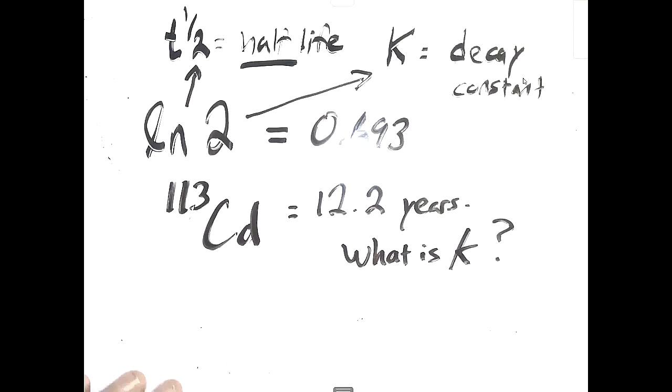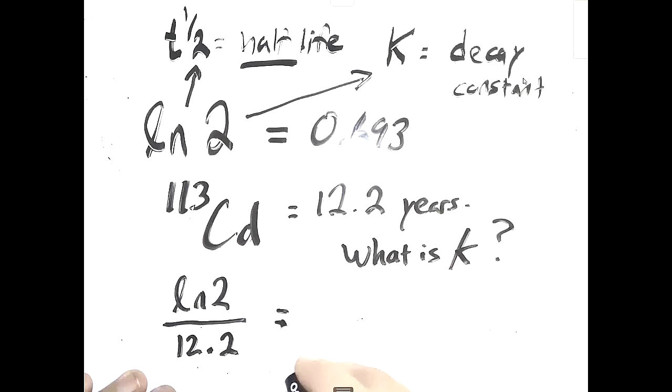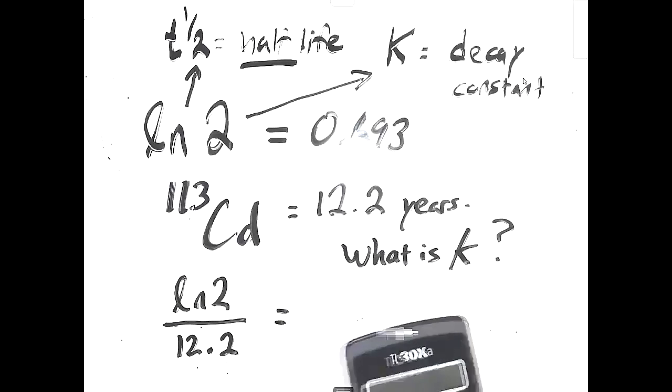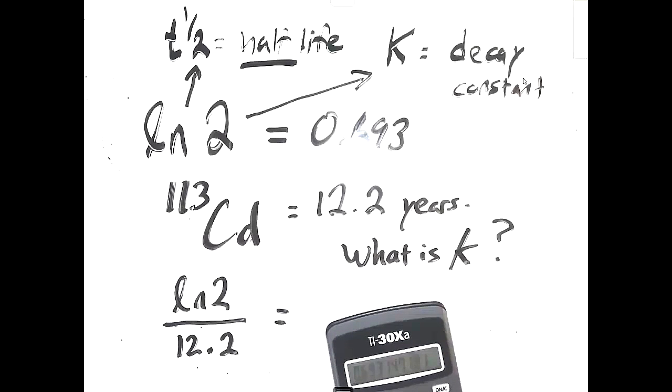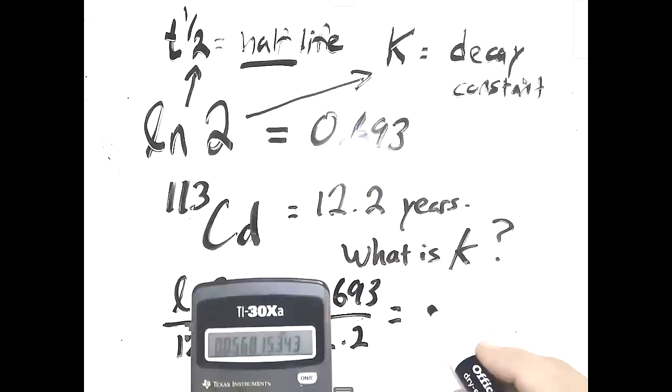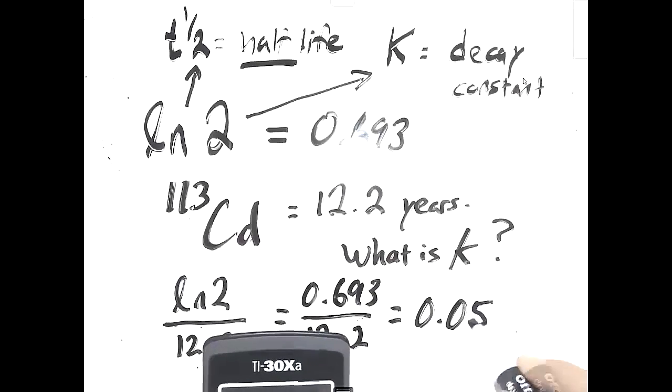Okay, well, we're just going to plug in natural log of 2, and we're going to divide that by the half-life, the thing that we know, 12.2. Now, natural log of 2 is actually 0.693. So we'll take that 0.693 and we will divide it by the half-life. 0.693 divided by 12.2. And when we do that, we get this number, 0.057.